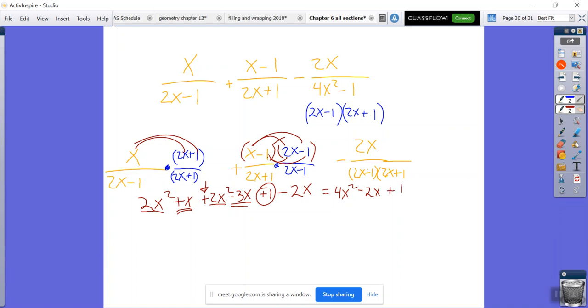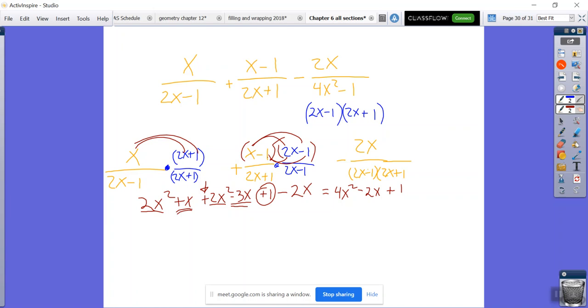Now, I don't know if you realize this, but when I look at this, I'm like, oh man, that can be factored. Do you have the same feeling? We still need to do the other minus 2x. Shoot, we do, don't we? Yep.